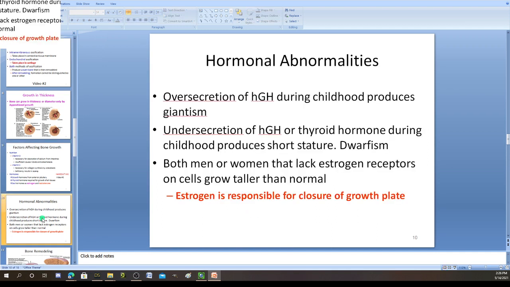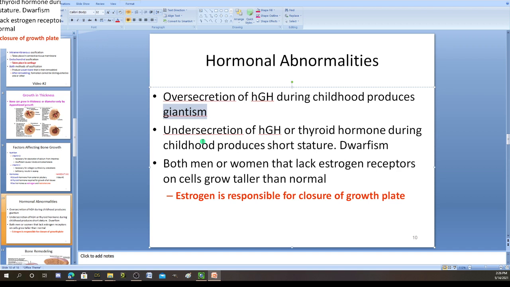Now, some hormonal abnormalities come to mind when we think about this. And so let's think about human growth hormone. Human growth hormone is a hormone that causes growth in all your tissues. But if you oversecrete it, you get taller and taller. That's a disorder called giantism.